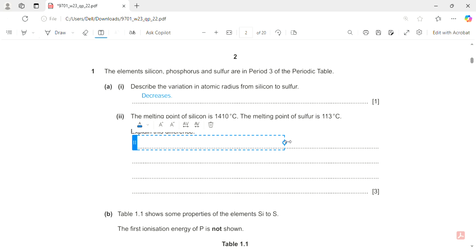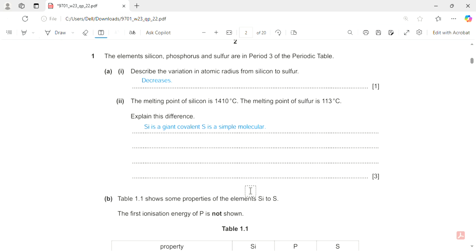So silicon is a giant covalent, and sulfur is a simple molecular. That's why silicon has a high melting point.